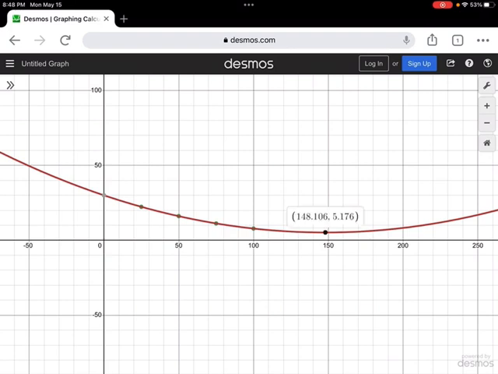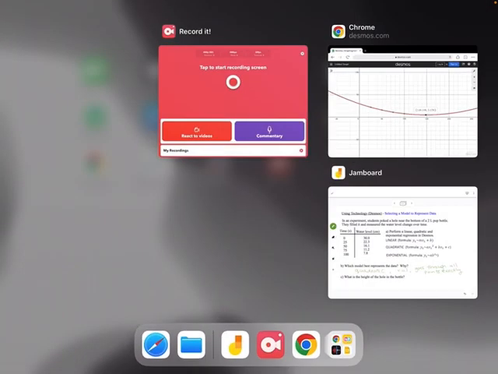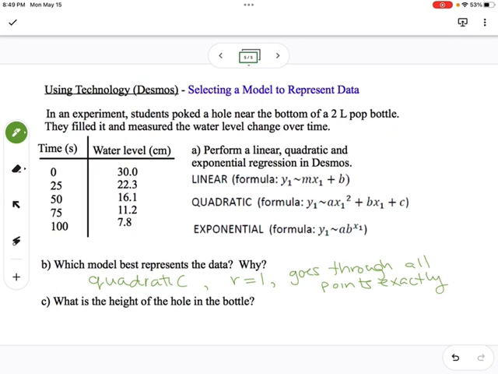Okay, so it kind of creates a minimum value for you, which is around here. And so looking at the Y value for the minimum, it's about 5.2 centimeters. Okay, so since that's the minimum, that will be the height of the hole in the bottle.